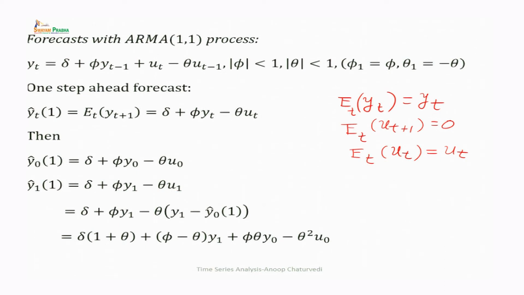Then you replace u_1 by y_1 minus y hat_0(1), because you know that y_1 minus y hat_0(1) is equal to u_1. So, you substitute the value of y hat_0(1) from here, and then you obtain delta times (1 plus theta) plus (phi minus theta) y_1 plus phi theta y_0 minus theta squared u_0.